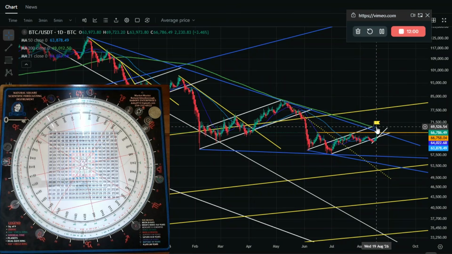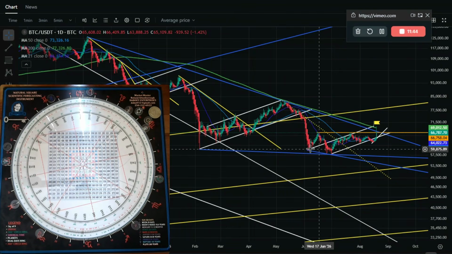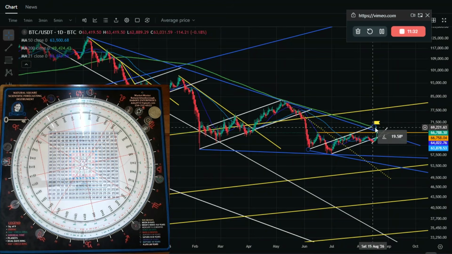All right, so something is going on here. Either this model is changing and we are moving up to retest this, or this model is stating that this topping area, based upon this angle and this bottom, has completed, and this is just a fake out retest, which we've been talking about is possible and likely, and that a rollover is very possible and imminent here.